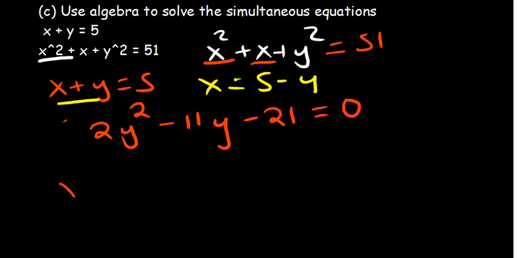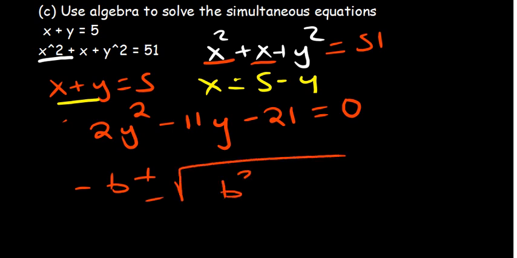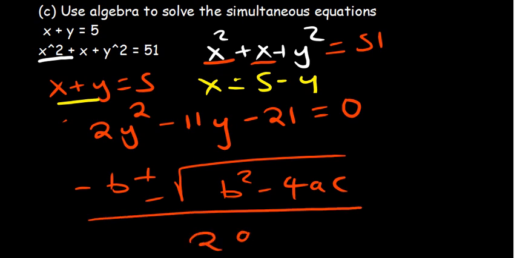So we know that our y is going to be equal to negative b plus or minus the root of b squared minus 4ac, divided by 2a. Our b in this case is negative 11. So we can begin substituting. Where there's b, I'll put negative 11.